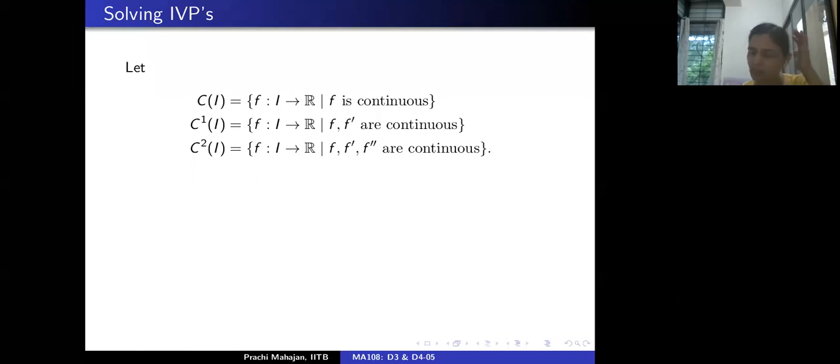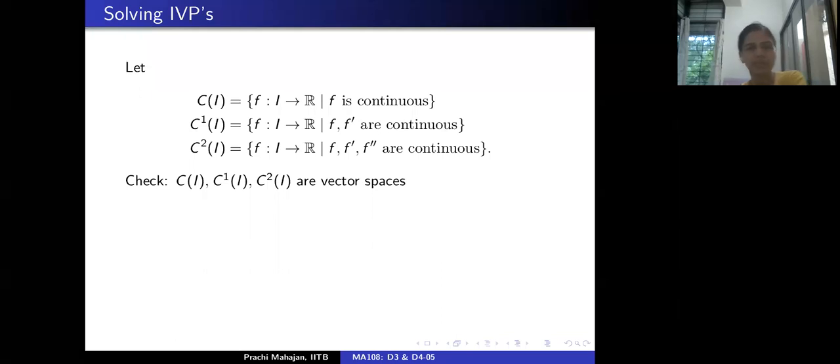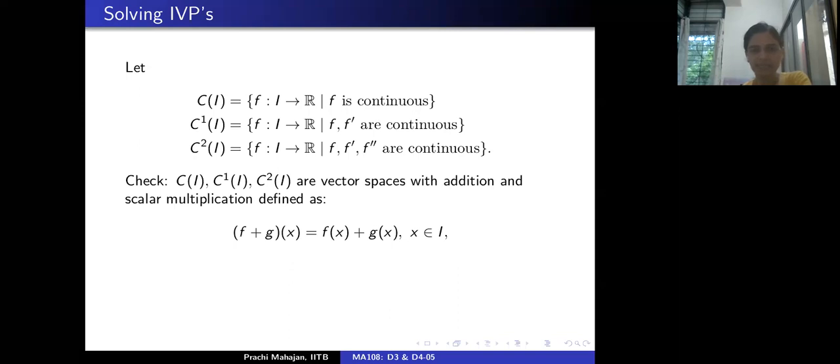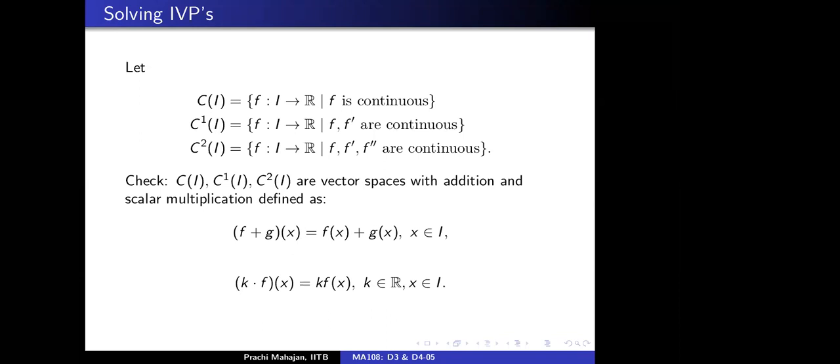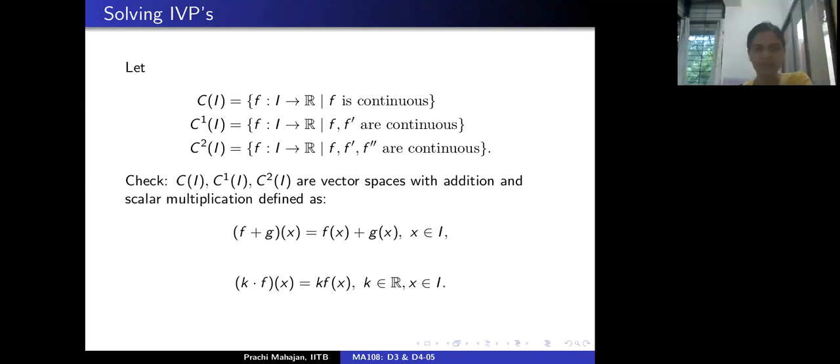Let's note the following thing: each of these sets defined here is indeed a vector space, with addition and scalar multiplication defined in the usual sense. So please check that these are all vector spaces.